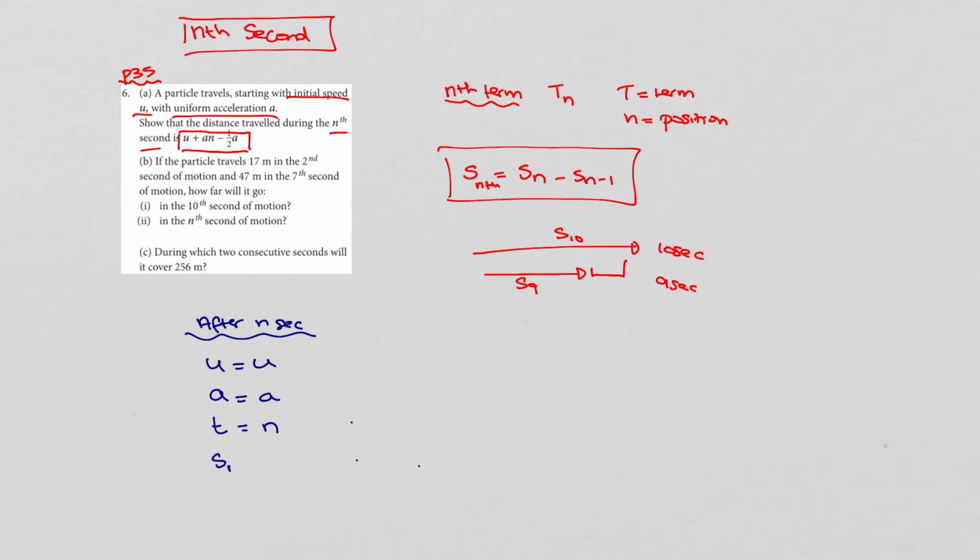And we're going to find the distance travelled during that time. So using s equals ut plus a half at squared, the distance travelled during those n seconds is un plus a half a n squared.